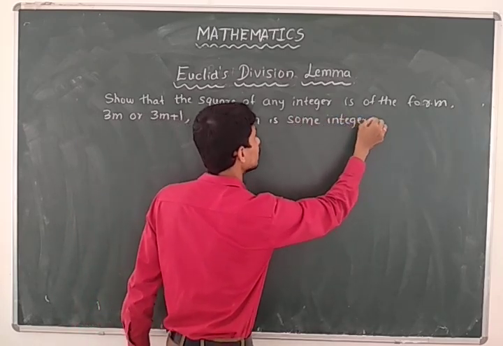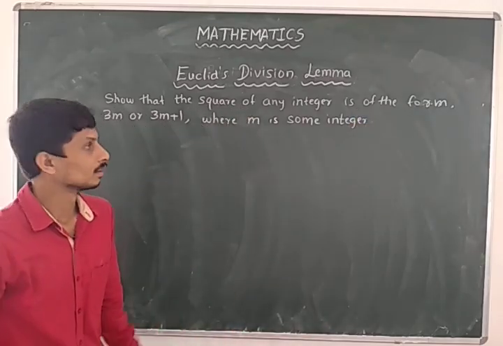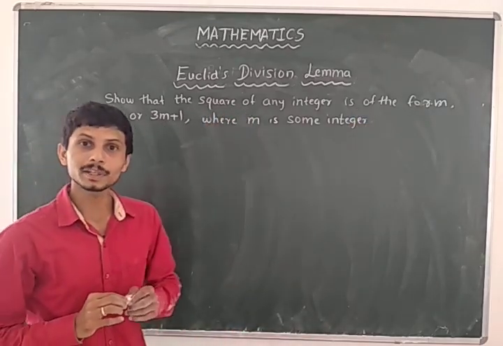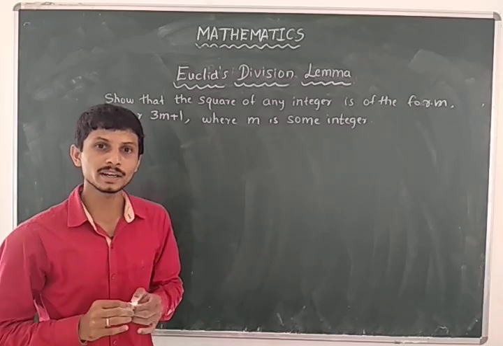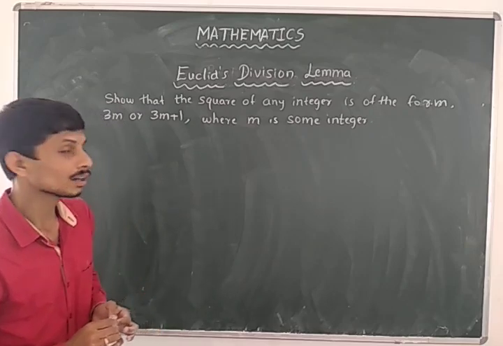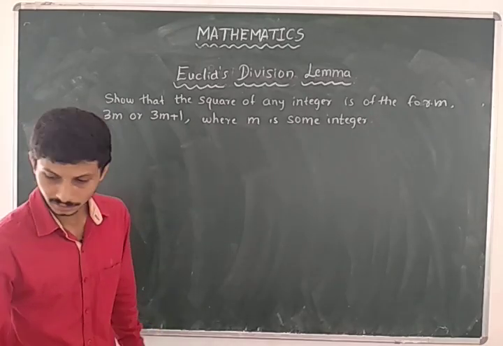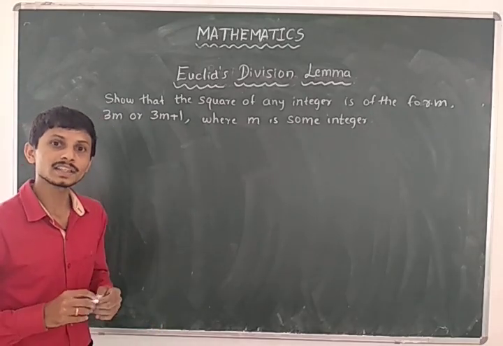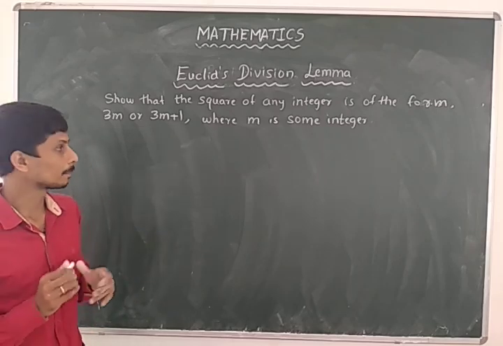So we have to take the square of that number and find that those integers are in the form of 3m or 3m plus 1. Let us check by using Euclid's division lemma.